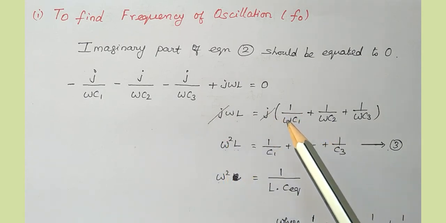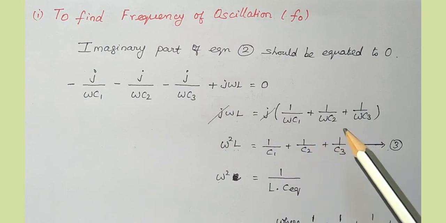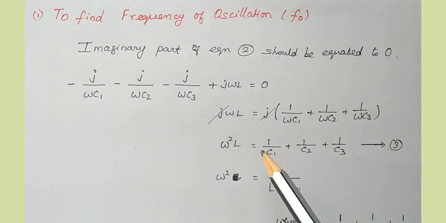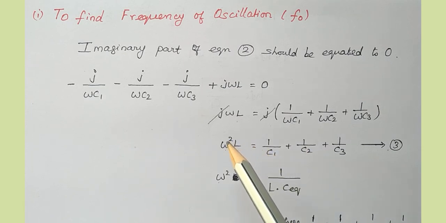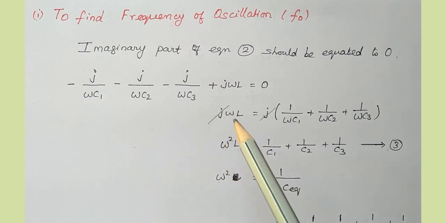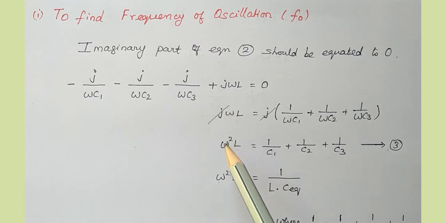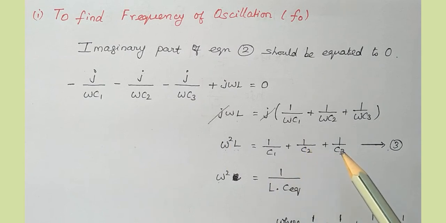Omega is common to all three terms in the denominators. I bring it out of the denominator and move it to the left hand side, where it becomes the numerator. Already in the numerator we have omega, so now it becomes omega square into L is equal to 1 by C1 plus 1 by C2 plus 1 by C3. Let this equation be 3.